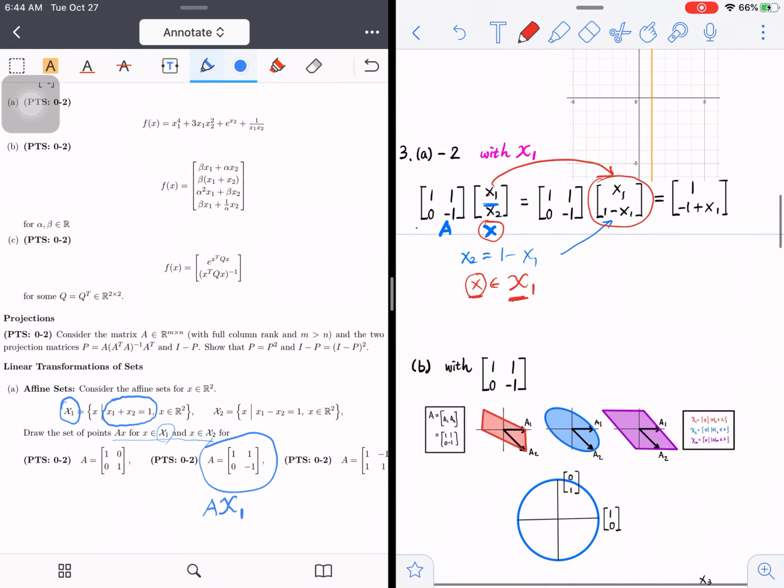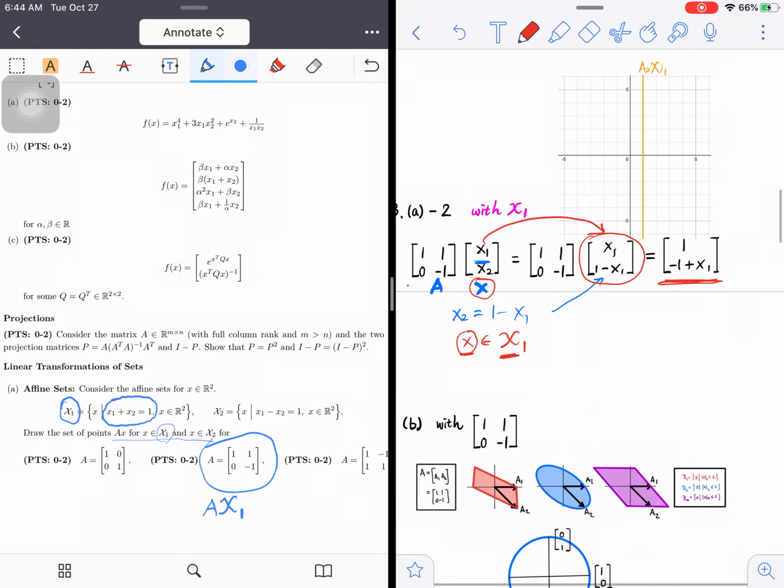So after you obtain this vector, then you can plot. How to plot this? That is not difficult. You can pick an arbitrary point for x1. For example, if you pick x1 equal to 1, then you get 0.